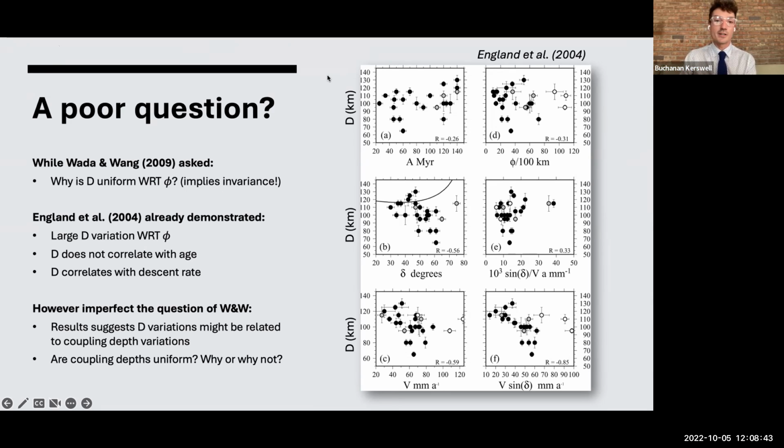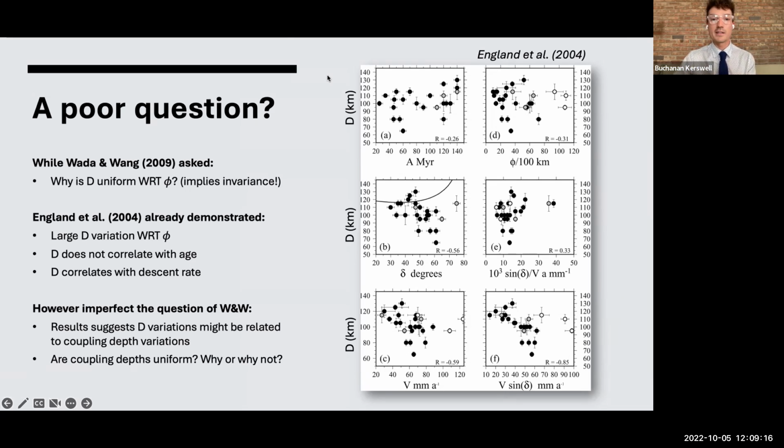To make this more clear, if you go back to the study of England et al. in 2004, already they demonstrate that there is a huge variation in D. D varies from something like 65 kilometers to 130 kilometers. You can see on the top two plots, from the England et al. 2004 paper, the D value with respect to the oceanic plate age on the top left, and the D value with respect to the thermal parameter on the top right.